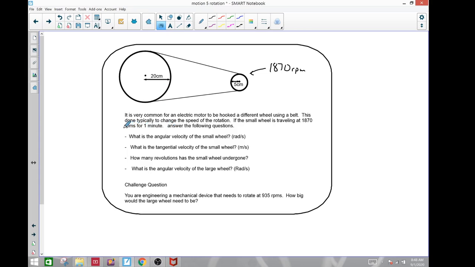So what's the angular velocity of the small wheel? It's traveling at 1870 rounds per minute. So that's 1 minute.